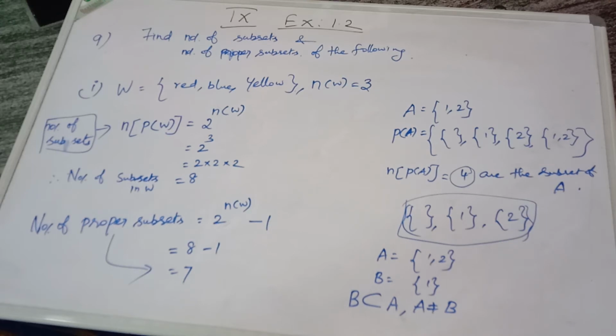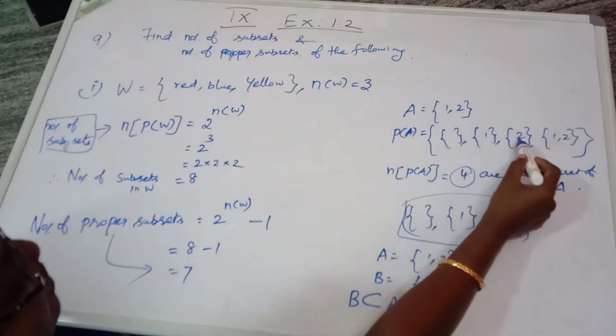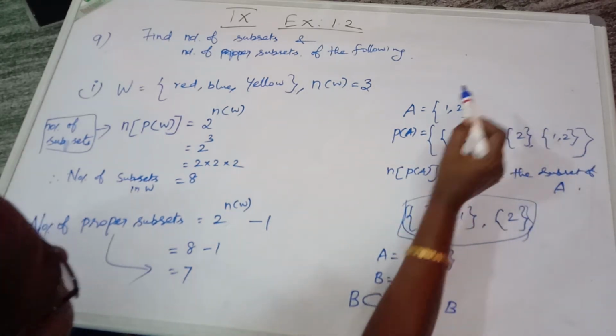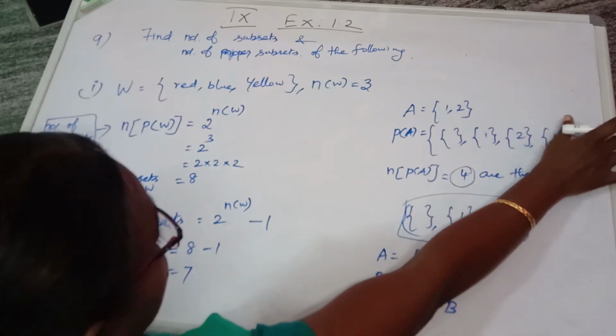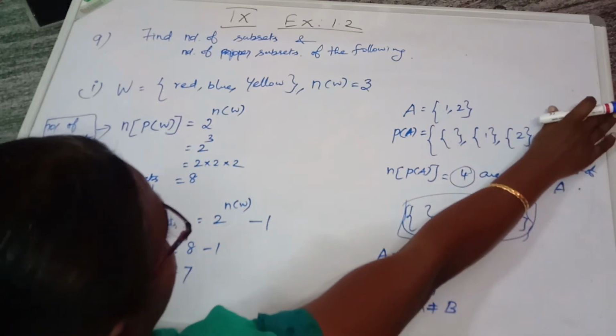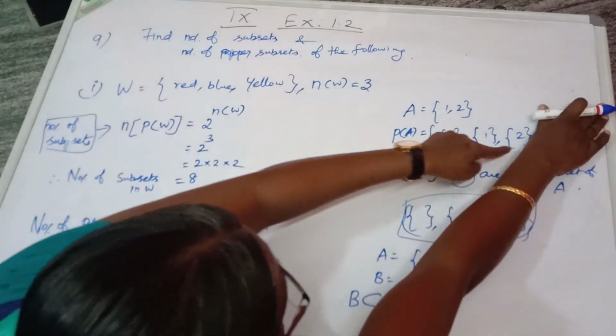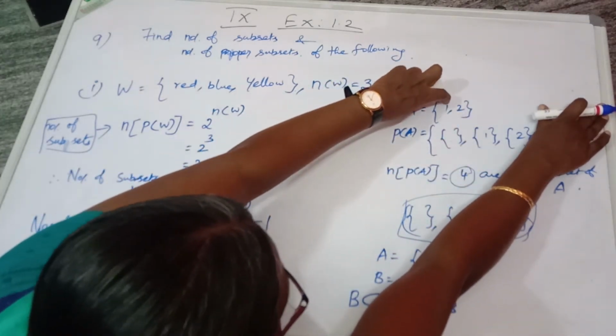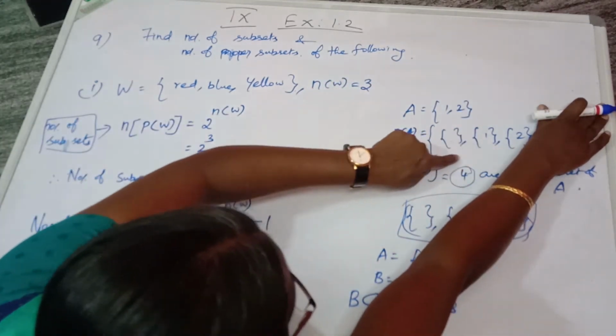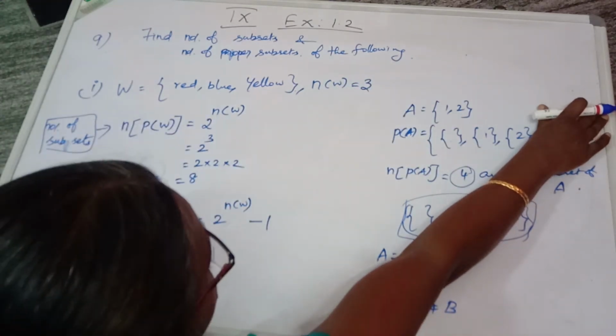Have you all understood now? So see here 1, 2, 3, 4. These 4 are the subsets of A. And if you don't write this 1, 2, that is the given set, these 3 are the proper subsets of A. Understand? Okay.